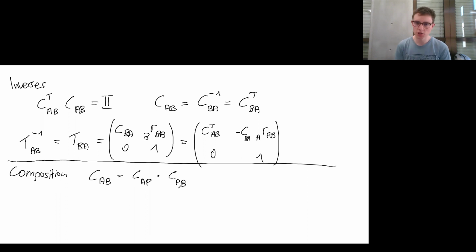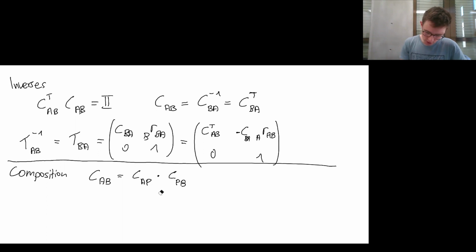So composition is multiplication for rotation matrices, but of course make sure that the two frames that face each other match. If you think from right to left, it would be rotating from B to P and then from P to A.